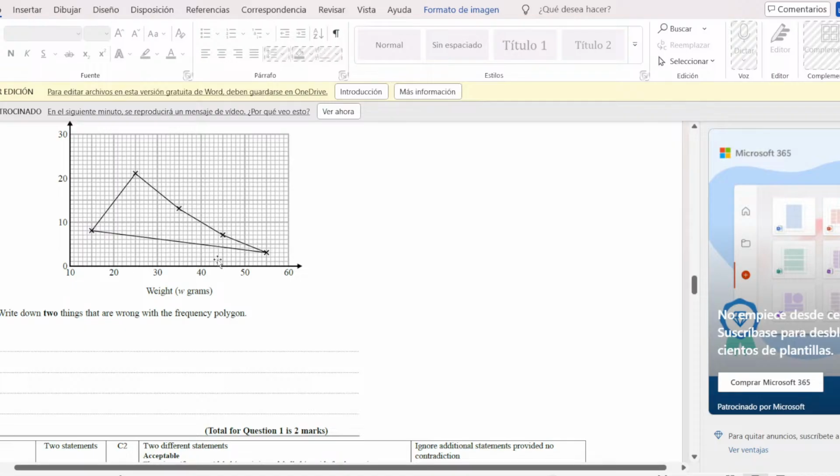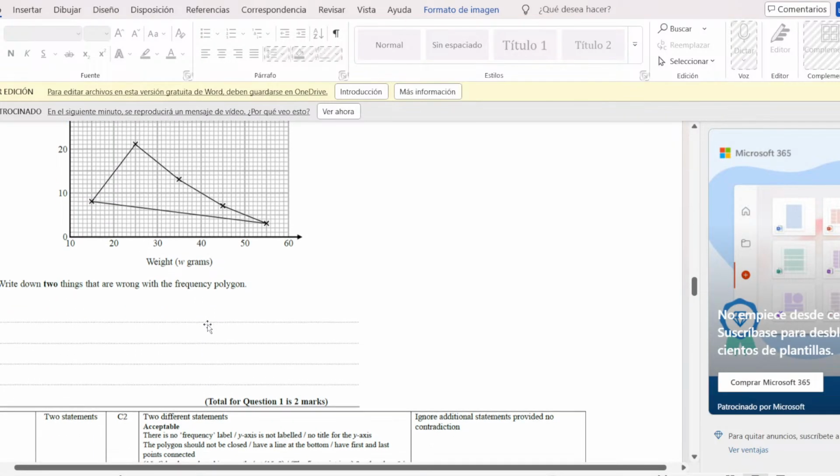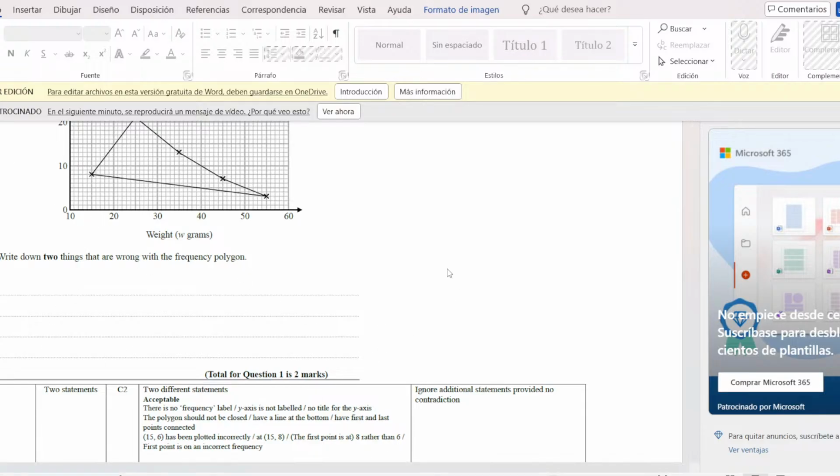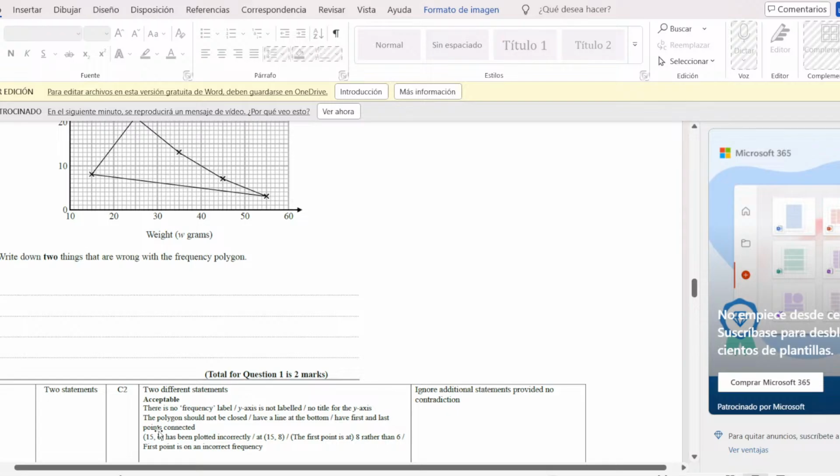And then do you see here they've actually drawn one, write down 2 things that are wrong with it. Let's see what they've said is wrong with it, because you see they've actually joined it up. They've said, well, there's no frequency label, that's fine. The polygon should not be closed. It shouldn't have a line at the bottom connecting the first and last points. So they're saying that it's wrong to join it up in Edexcel.